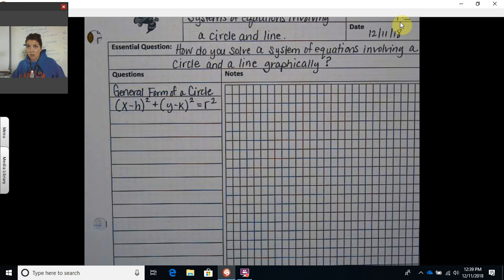Like if you have a line that's in standard form, ax plus by equals c, if we want to graph it, we convert it to slope-intercept form because it's easier to graph that way. Circles, same thing. General form, much easier to graph. If your equation is in general form, you will know what the center of the circle is.